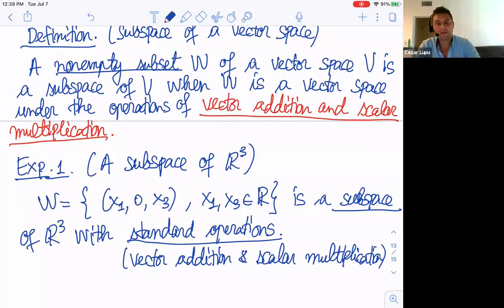First of all, let's look at the first part of the definition. Do you consider that this set is non-empty? And I want you to tell me, why do you consider this a non-empty subset?